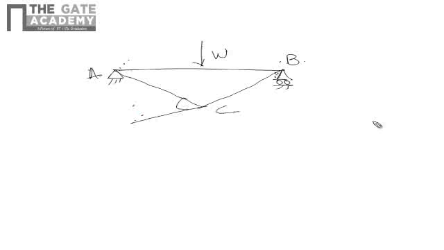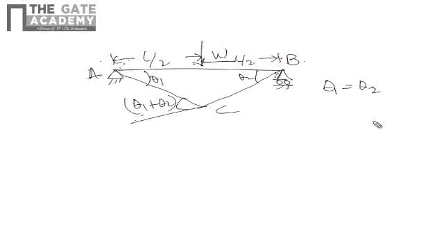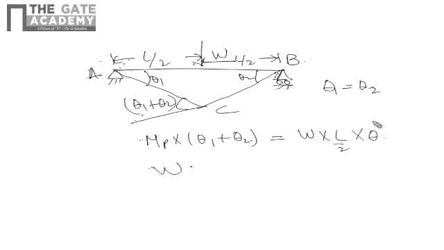Only point C will undergo rotation of theta 1 plus theta 2, with theta 1 equal to theta 2 if W is acting at the center point. So this is L by 2, L by 2. We can write MP into theta 1 plus theta 2 only for point C, and it is equal to W into L by 2 into theta. So W comes out to be 4 MP upon L.